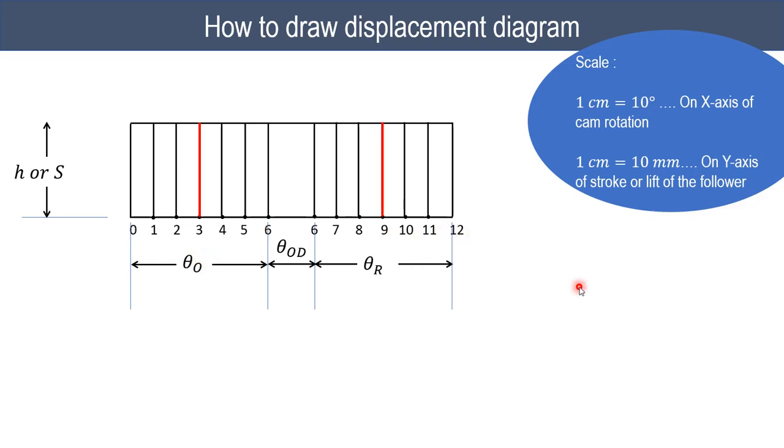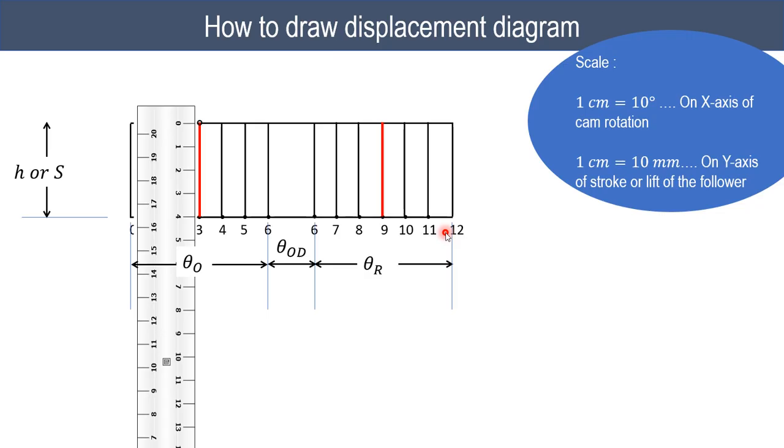Now for the uniform acceleration and retardation, we'll select the middle portion of this division, that is 3 in this case and 9 in the case of the return stroke. Then again we'll divide this 3 into 6 equal parts. This particular distance is 4 centimeter, 4 divided by 6, that is 0.666.